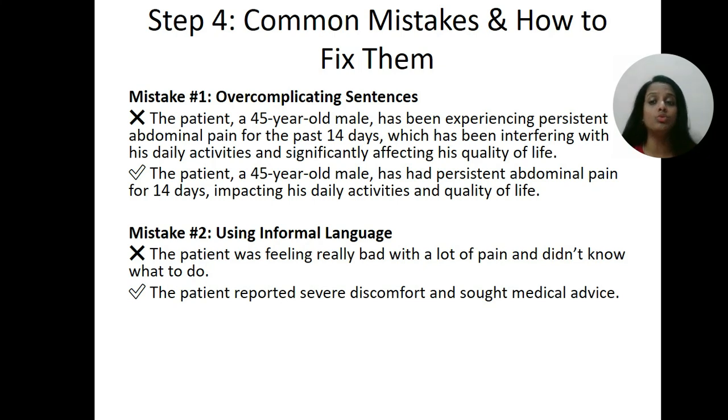You are making use of more complex sentences rather than giving it in simple terms. Instead you can say, the patient, a 45-year-old male, has had persistent abdominal pain for 14 days impacting his daily activities and quality of life.